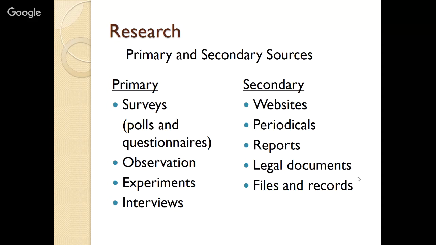So, for example, if you're looking at birth certificates or something along those lines, that's going to be firsthand material. So that would count as primary. But if you're looking at a report that a lawyer has put together or some sort of document that's been put together by someone else, then that would count as secondary. So again, secondary is when someone else has done the work and you are reporting on the work that they've done.